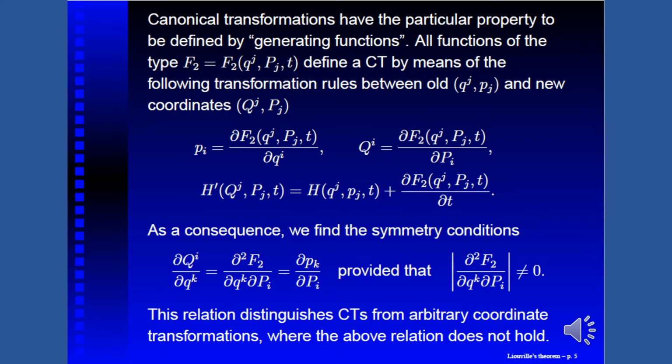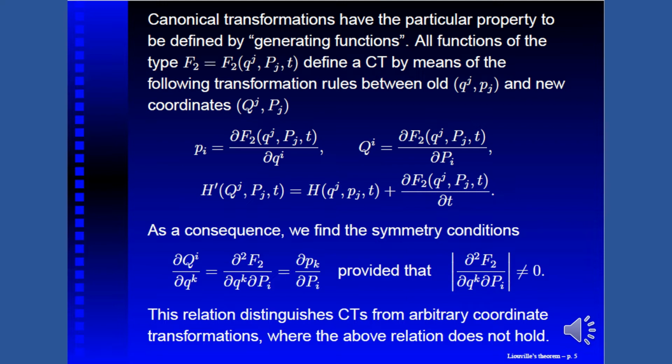And the new Hamiltonian H prime(Q_j, P_j, t) is equal to the old Hamiltonian H(q_j, p_j, t) plus partial F2(q_j, P_j, t) over partial t.